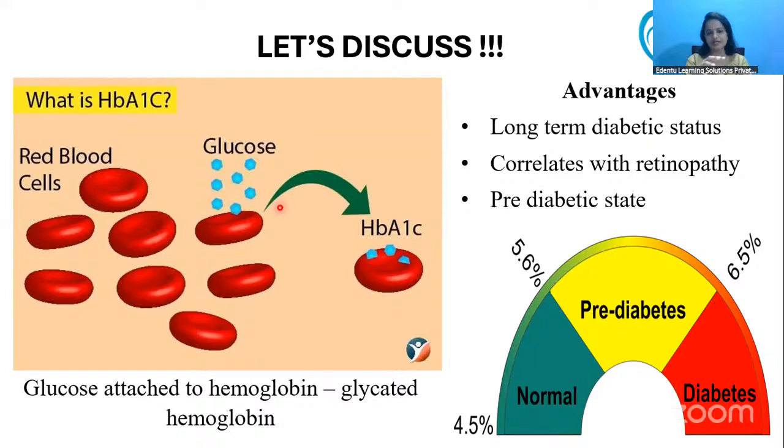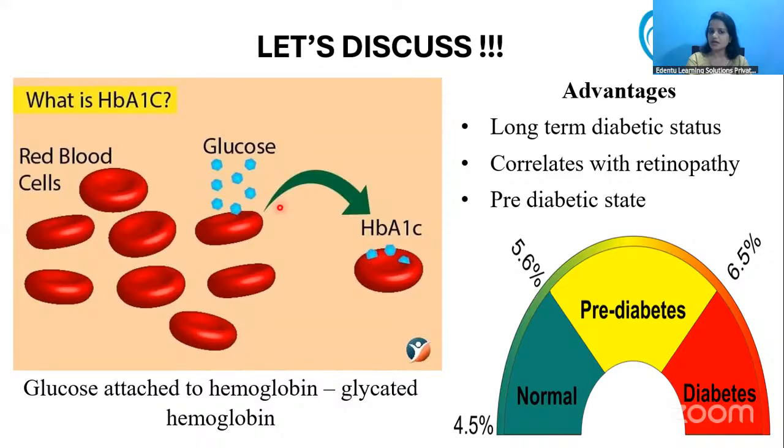And these RBCs have a long life, about 120 days. So once you check for this HbA1c, you are checking these RBCs, and we will be able to detect the diabetic status for the past 120 days.